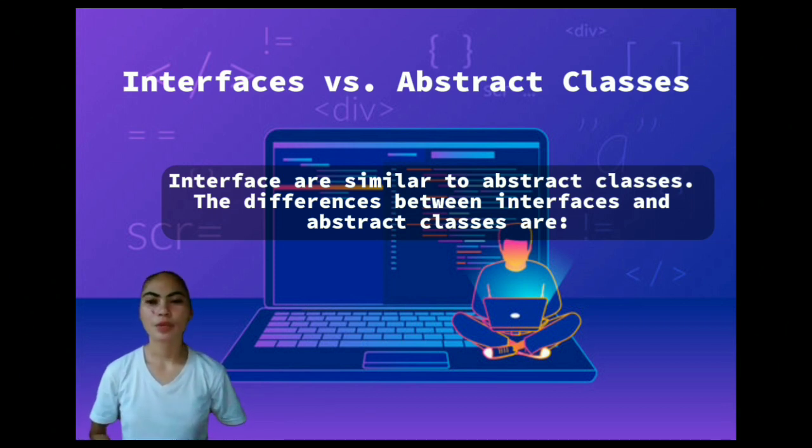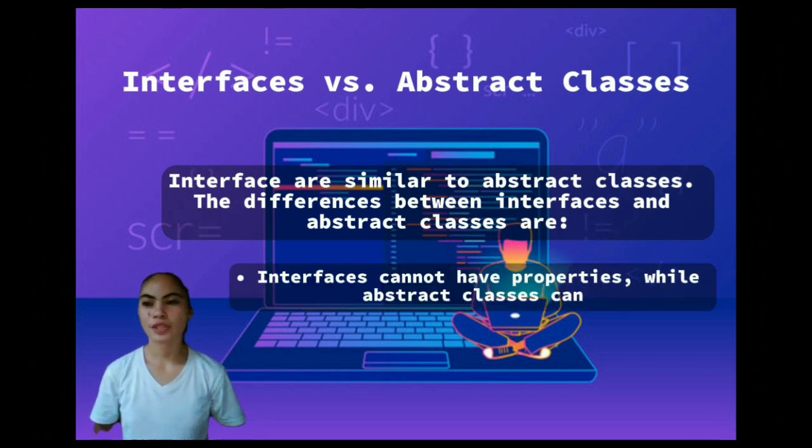The differences between interfaces and abstract classes are: interfaces cannot have properties, while abstract classes can. Interfaces focus on defining a contract and specifying method signatures, while abstract classes provide a combination of method declarations and implementations, including the ability to have properties.